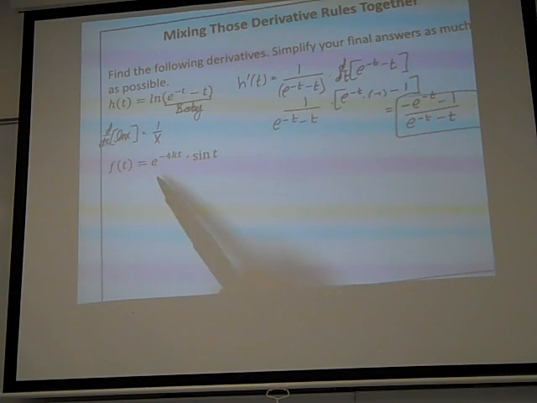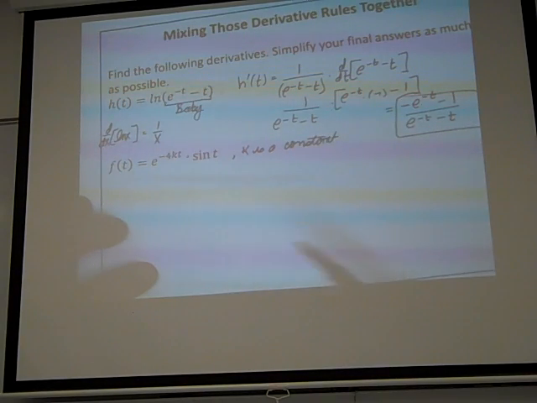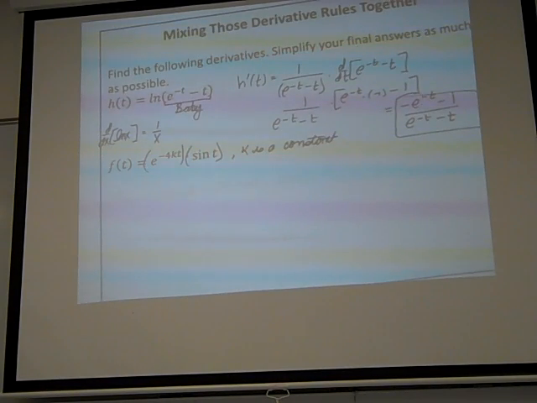Okay. Next one. F of t equals e to the negative 4kt times sine of t. What I meant to write in here is that k is a constant. So k is a number that's not going to change. If I want to take a derivative, I have to recognize that I have a product. I have two functions being multiplied together.